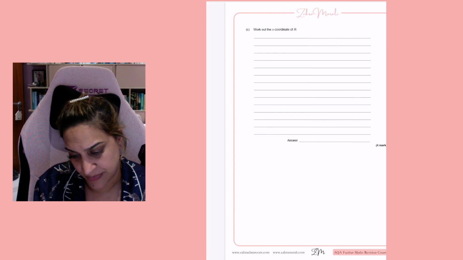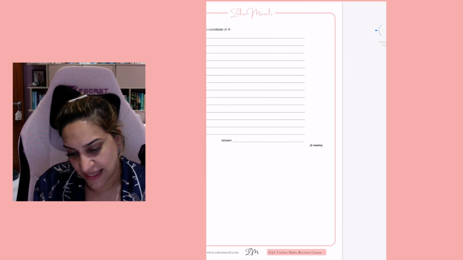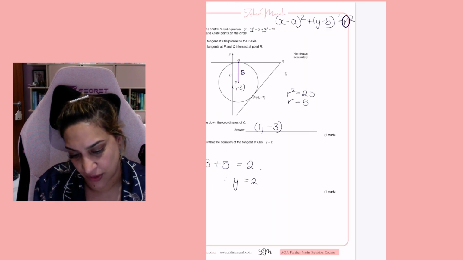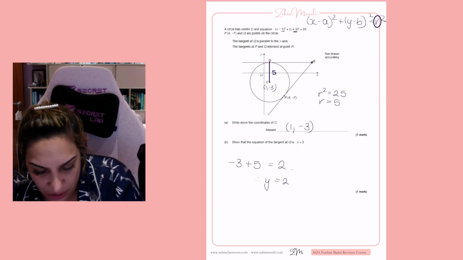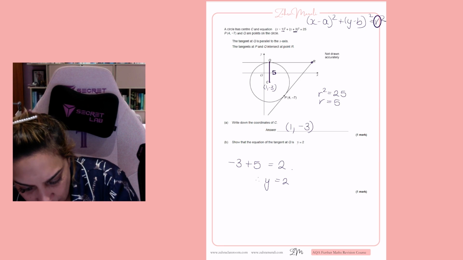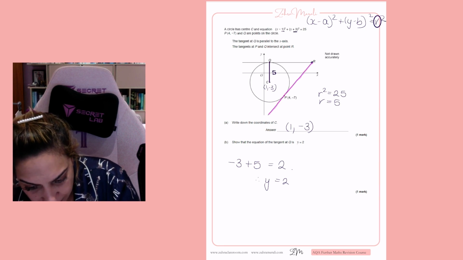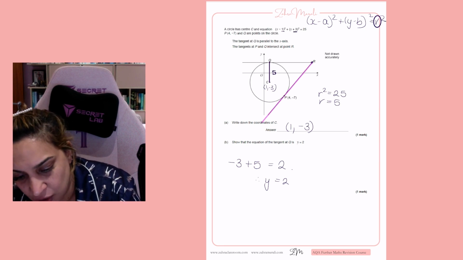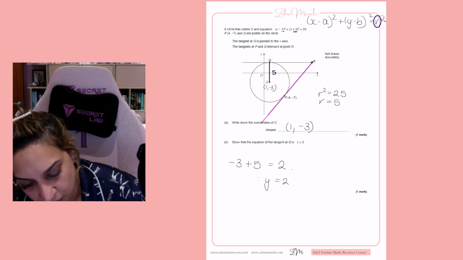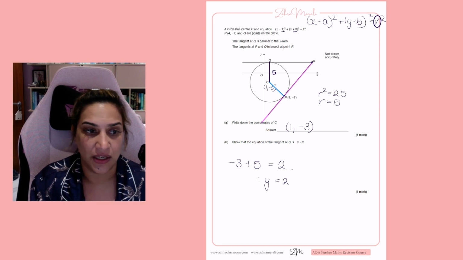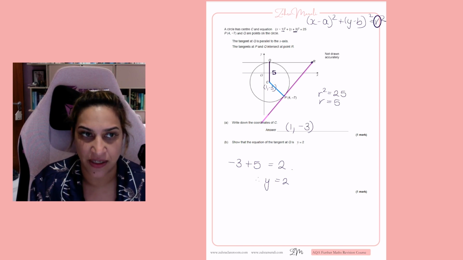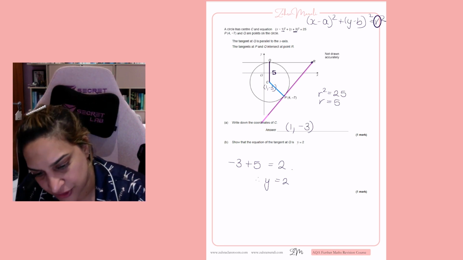Okay, nice. Work out the x coordinate of R. We want to work out this coordinate here, which means we need to work out the equation of this line. To do that, we first need to know the gradient of this line. So we want to know the gradient of the line from C to P. How are we going to do that?